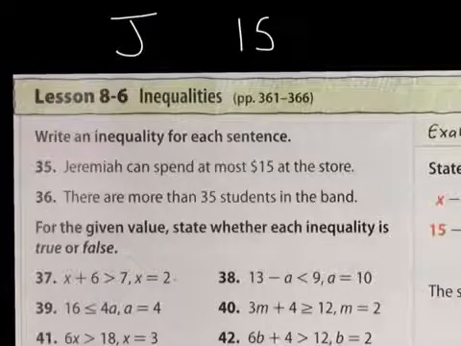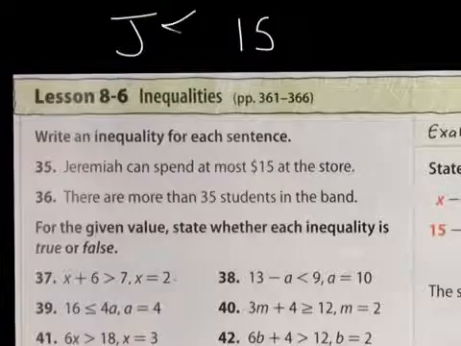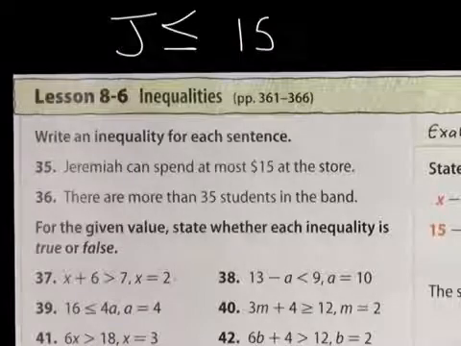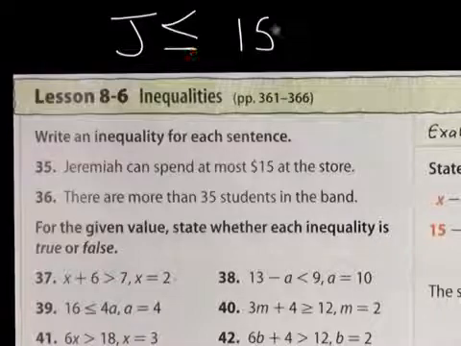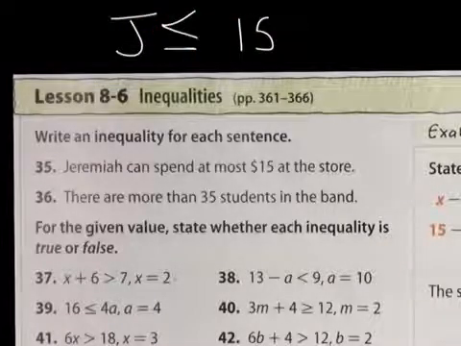So J has to be less than $15. It has to be less because this is the very most, or equal to it. Because he can spend up to $15, so Jeremiah can spend equal to $15 or less.